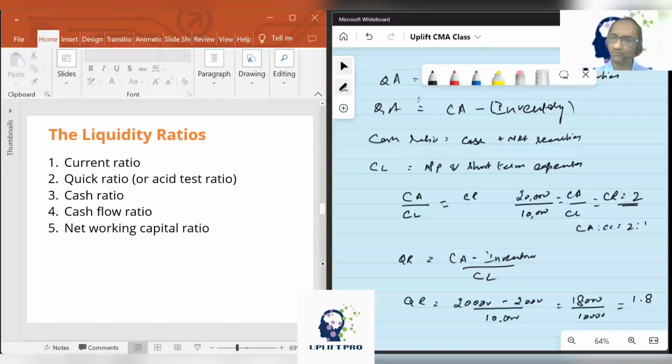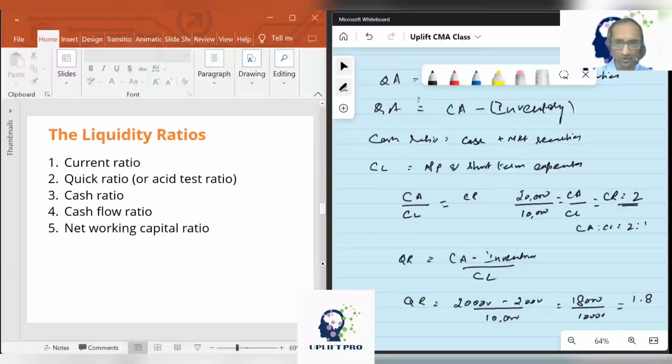So what does this ratio of 1.8 mean? It means that you have enough funds and accounts receivable to pay your liabilities 1.8 times. So if you were to stop your business today for 6 months, with no sales happening, and you're only using the accounts receivable money that you're collecting and the cash balance that you have to pay off your current liabilities, you can pay them off 1.8 times.